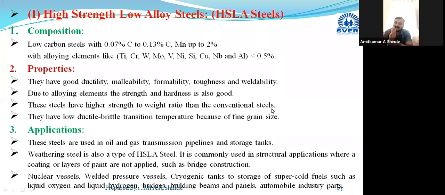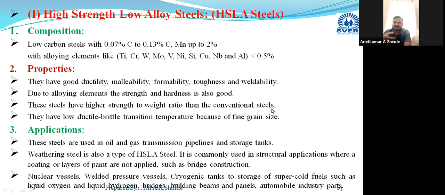Its property changes from high ductility to brittleness, and that is termed the ductile brittle transition temperature. Here it is very low, meaning at low temperatures their ductility will get affected and they will convert to a brittle material, and they may fail with very low shock also.